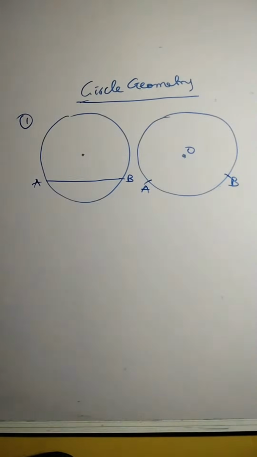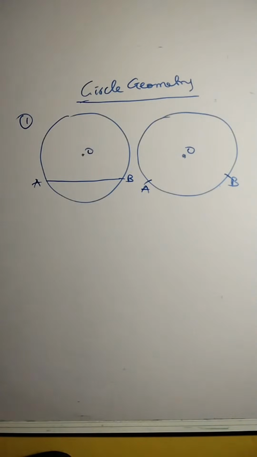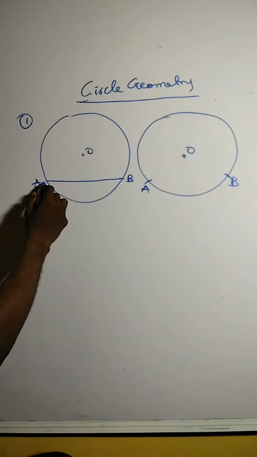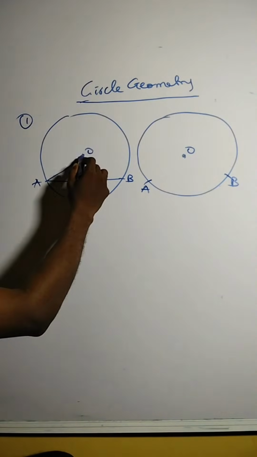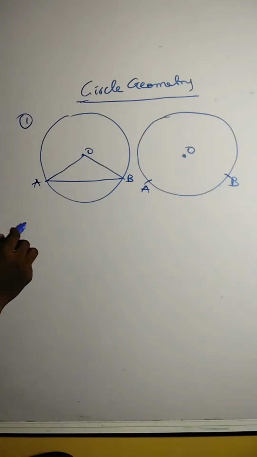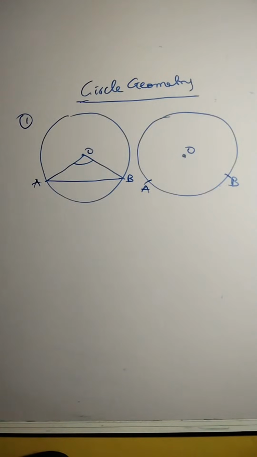This chord subtends two angles at the center, and the same thing with this arc. When we connect A to O and also B to O, we have two angles at the center. We have this angle inside, which is the interior angle.